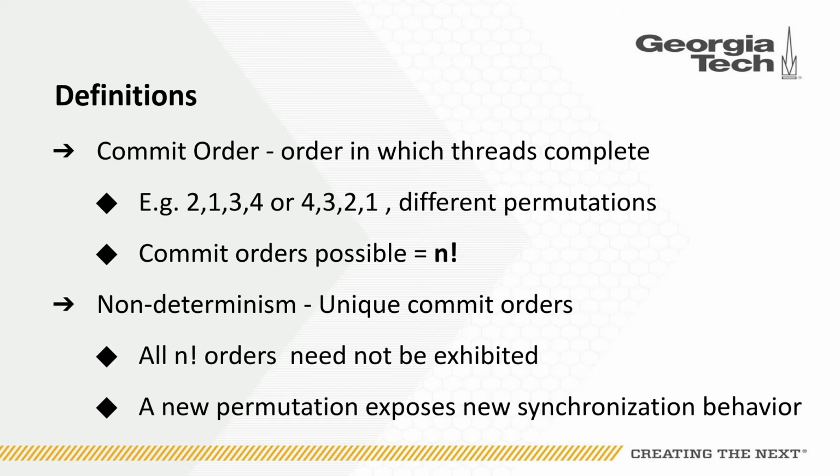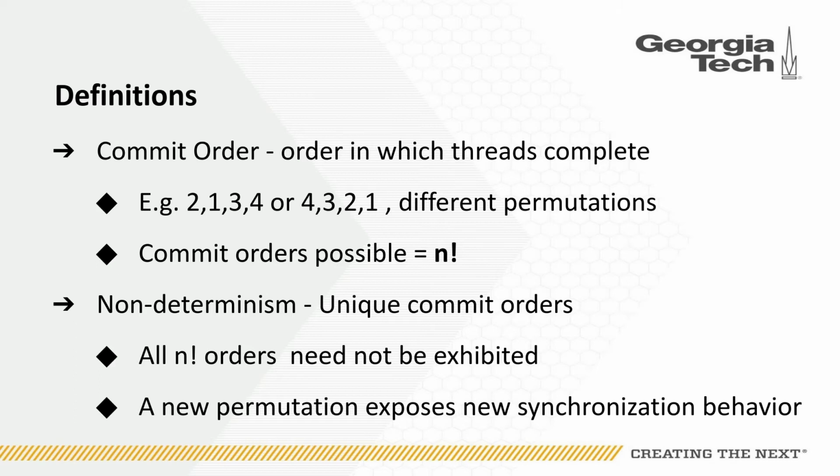However, not all of the n factorial commit orders are expressed even when the application is run more than n factorial number of times. Each unique commit order brings out a different behavior. If we define non-determinism as the various behaviors seen at a synchronization or commit point, then we can quantify non-determinism as the total unique commit orders seen during repeated runs.